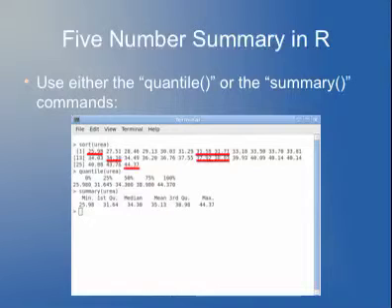Another command we can use is the summary command, and that's a little different than the one you saw before in that it gives you the mean. But besides that, it's basically the same. So if you have to compute the mean anyway, the summary is a good way to go because it does all of that for you in one command.